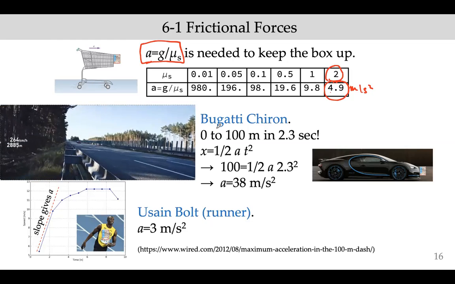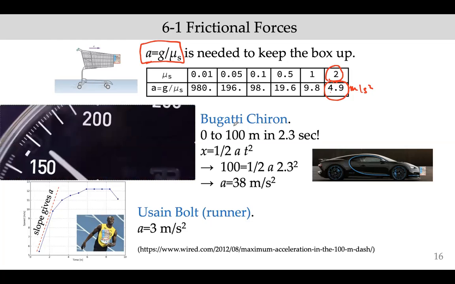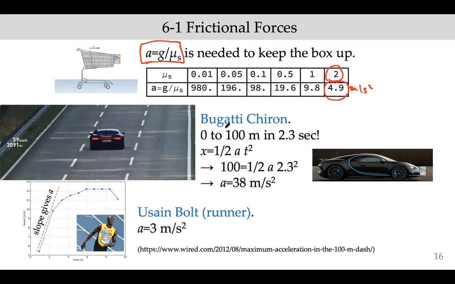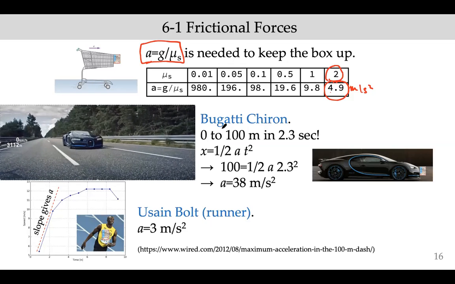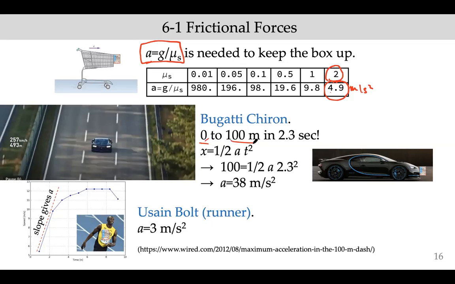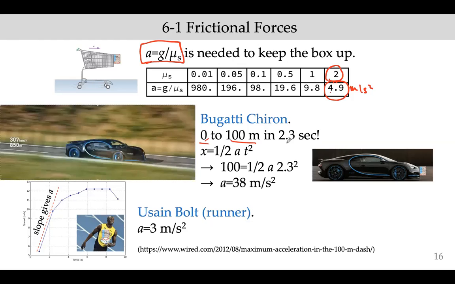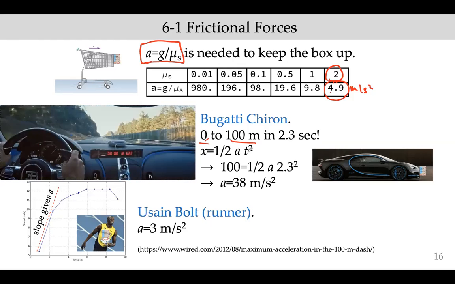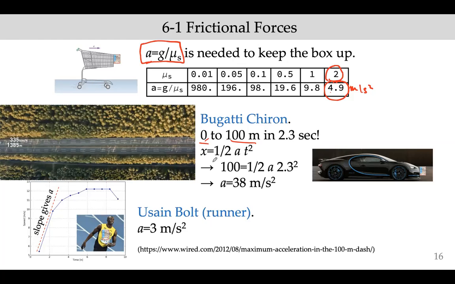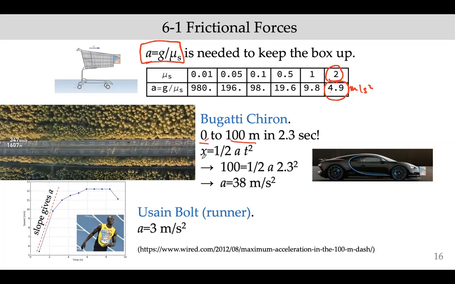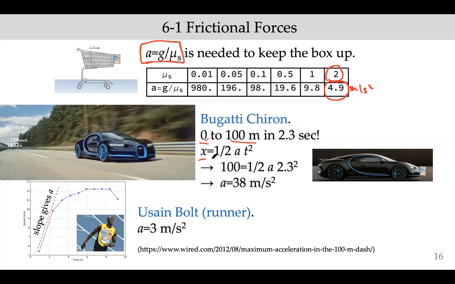For example, if you think about the Bugatti Chiron, it's one of the fastest cars in the world. It can go from 0 to 100 meters in 2.3 seconds. So let's calculate its acceleration. We are going to use this one.